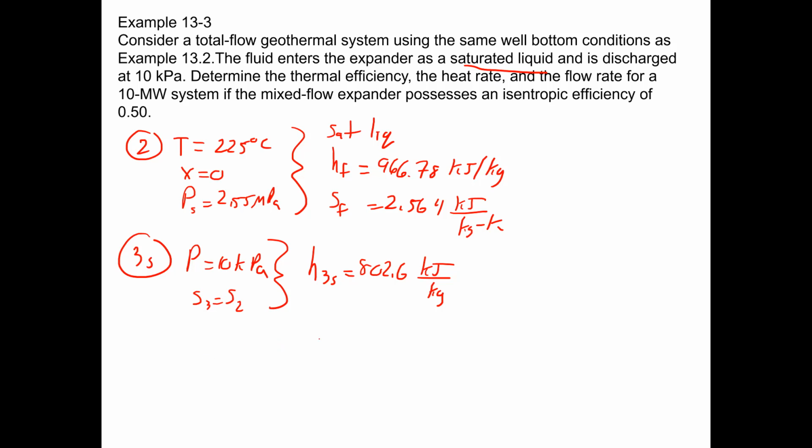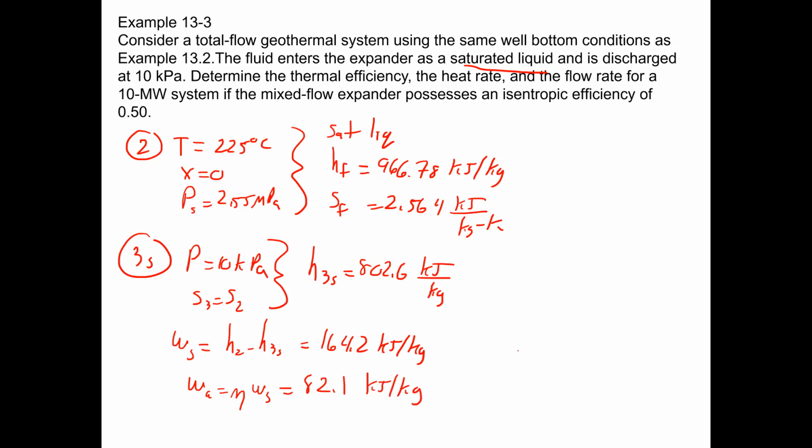And that would give us an isentropic work of 164.2 kilojoules per kilogram, which would give us an actual work of 82.1 kilojoules per kilogram, which I'm just going to go ahead and compute the mass flow rate needed for this.